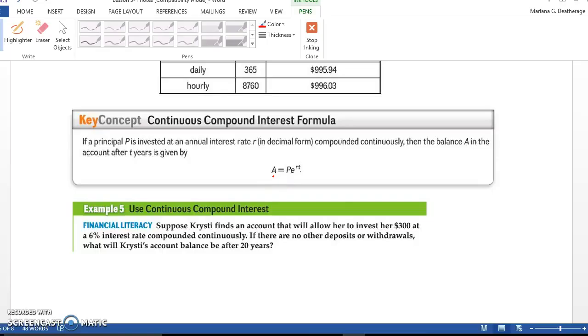A represents your balance after the continual compounding. P is the amount you started with, your principal. e is our natural base e, that 2.78 blah blah blah, it's an irrational number, the decimal never ends. R being your rate in decimal form, and T the number of years. Okay, so now we're going to use this formula right here.